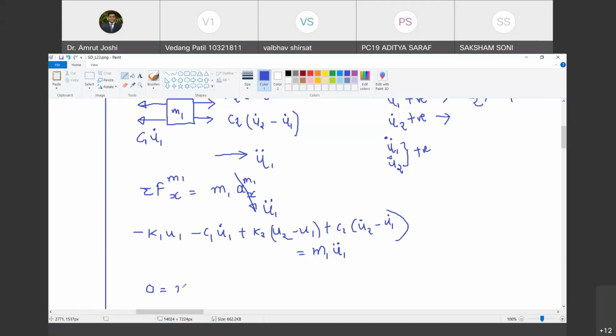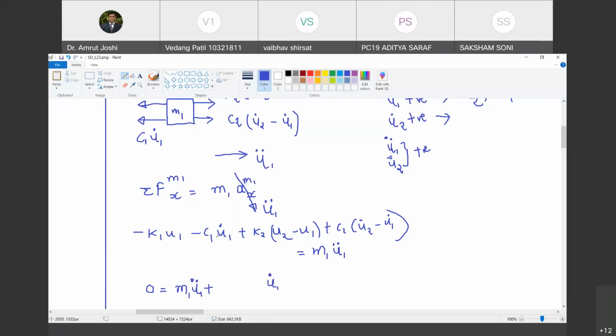So सबसे पहले टर्म होगी u1 डबल डॉट की. So m1 u1 डबल डॉट. Happy? This term is on right hand side. There will not be change in its sign. It will remain as it is. Yes, sir. Now let us collect the terms of u1 dot. u1 dot के terms हम collect करते हैं. So I will say plus. What are the terms in u1 dot?